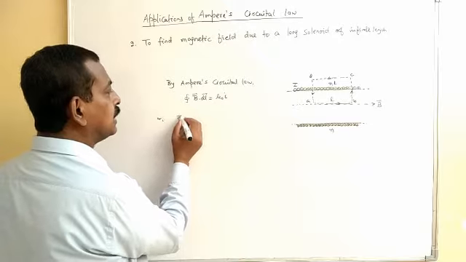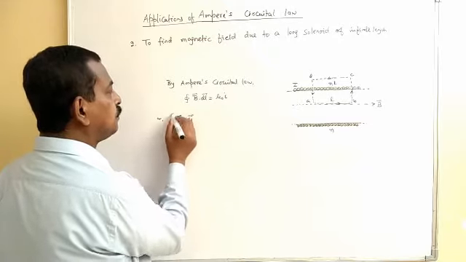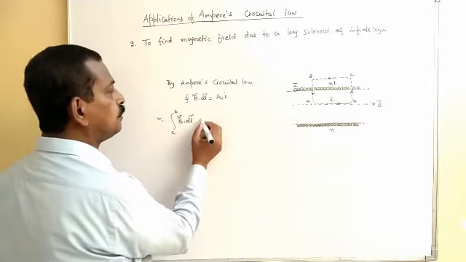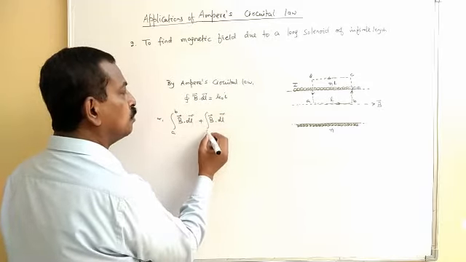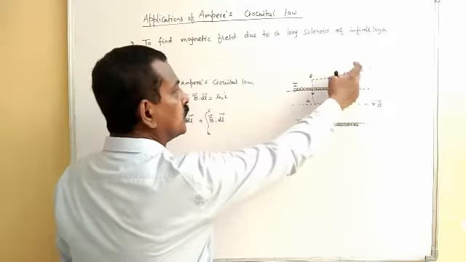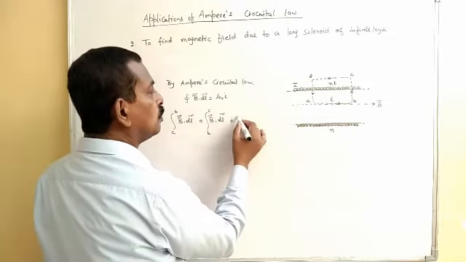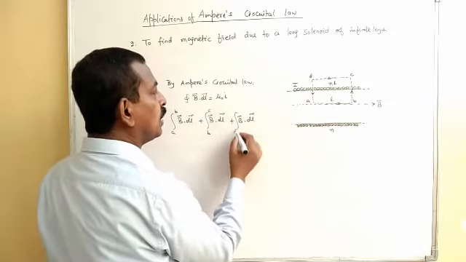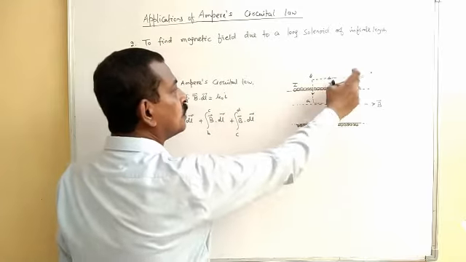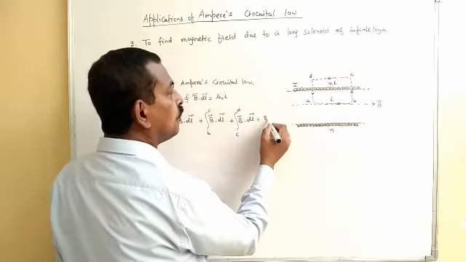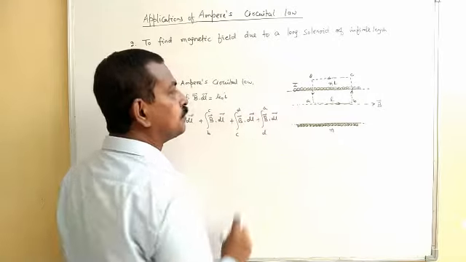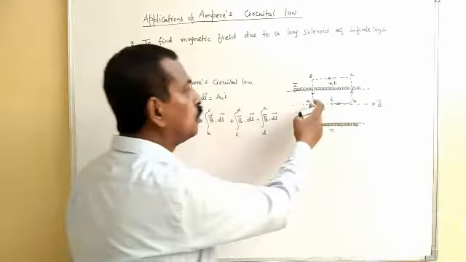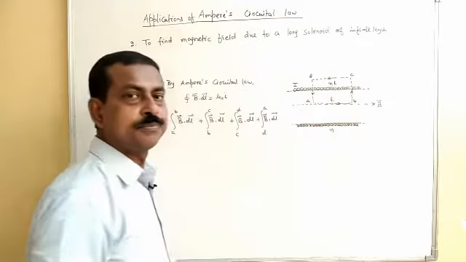And we can write this as integral B dot dl from A to B, plus B dot dl for B to C, plus B dot dl for C to D, plus B dot dl for D to A. So it is now for the entire closed loop.